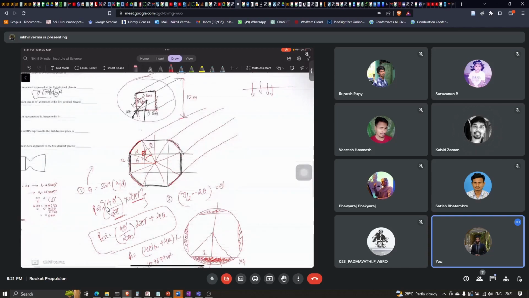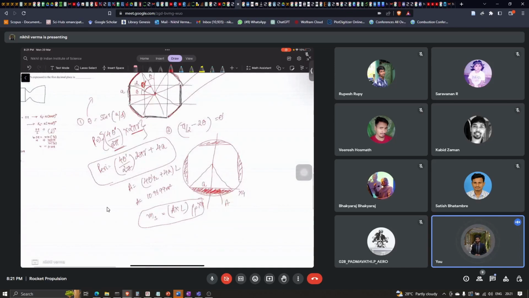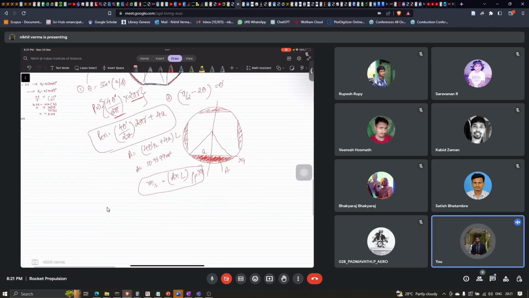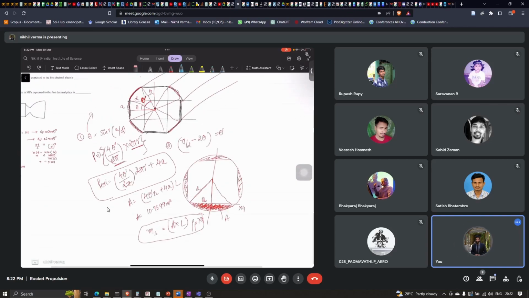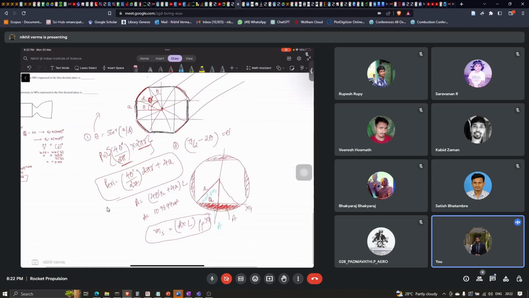So the next thing, sliver mass, this is also clear, right? The calculation part: you calculate this angle, this area, then you know the area, you know the diameter, you can calculate the area of this part. You can calculate the area of this part, correct? And you subtract these two, you'll get the area of this chord, and you multiply with 8, you will get the total area, right? And you multiply with the length and the density, you will get this sliver mass.